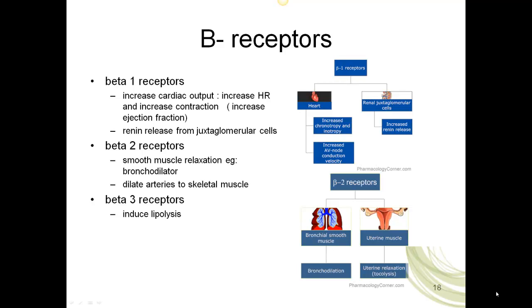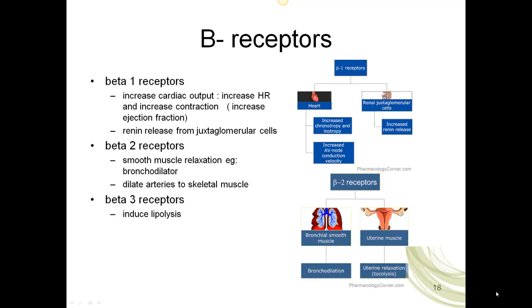inotropy. Beta 2 receptors, when they bind to epinephrine, are going to cause muscle relaxation. This means bronchial dilation in the lungs, but it will also mean vasodilation on blood vessels, particularly those to skeletal muscle. And we played the game in class, remember?